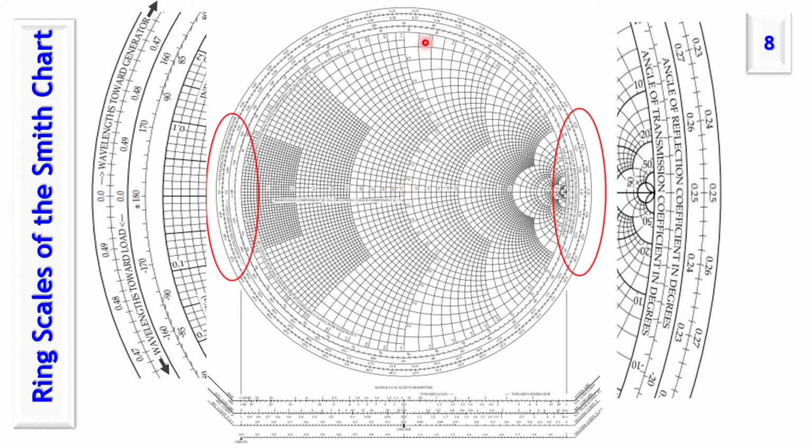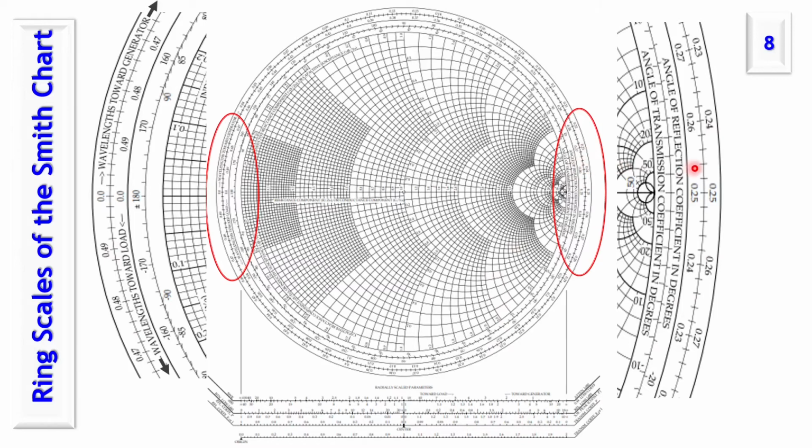In all cases, the length of this radius corresponds to gamma equal 1. In the drawing, it can be 6 centimeter, 8 centimeter, 10 centimeter, whatever. It can be scaled up and down and has the same meaning. And you have a lot of scales that we're going to show how to use on the Smith chart as well.